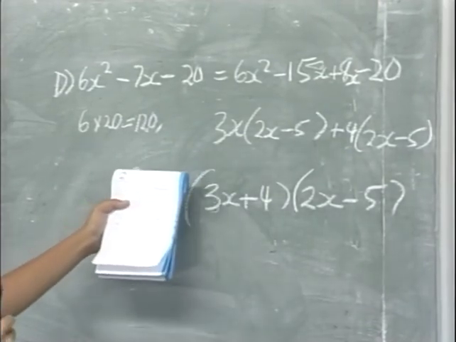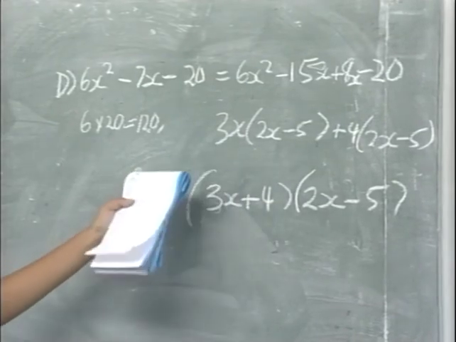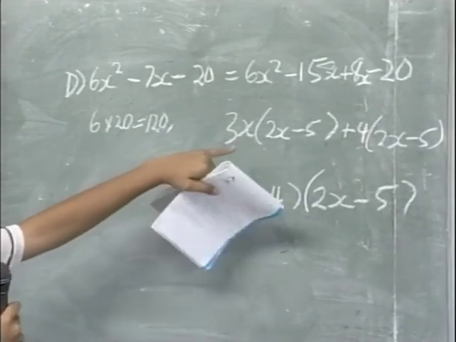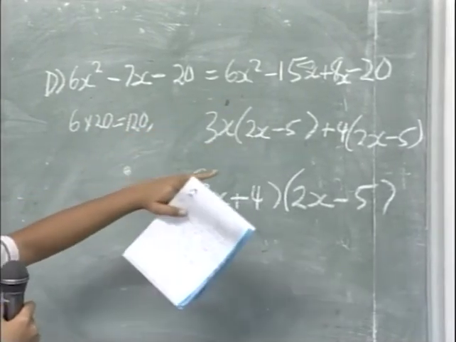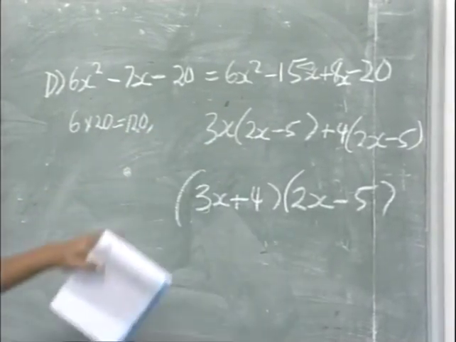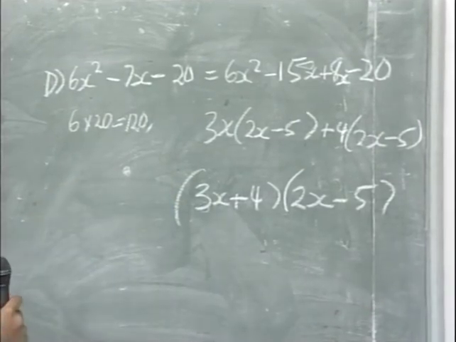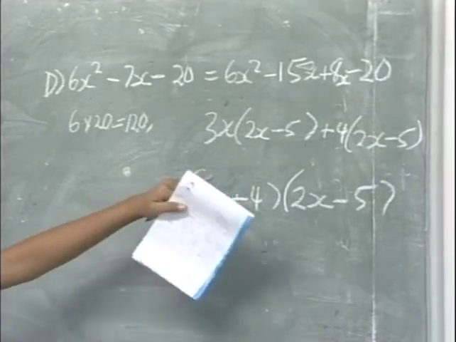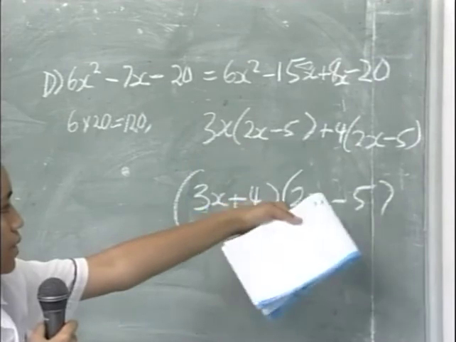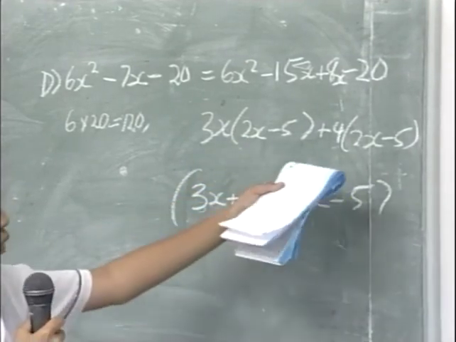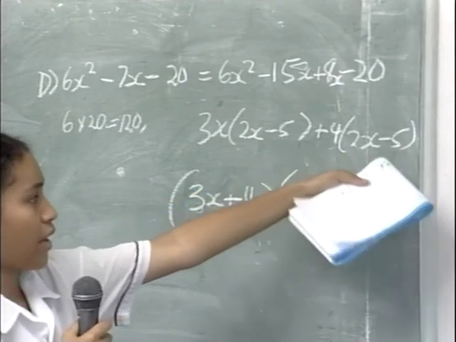Then we use grouping to factorize. So we find the highest common factor for 6x squared and 15x, which is 3x. So 3x multiplied by 2x minus 5 in a bracket, plus the highest common factor for 8x and 20 is 4, so 4 outside the bracket of 2x minus 5.